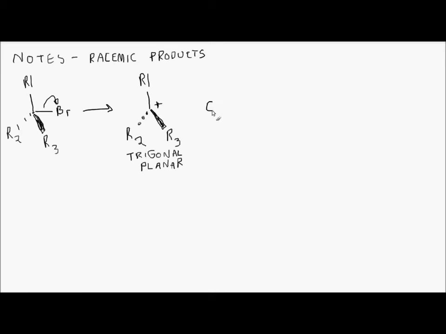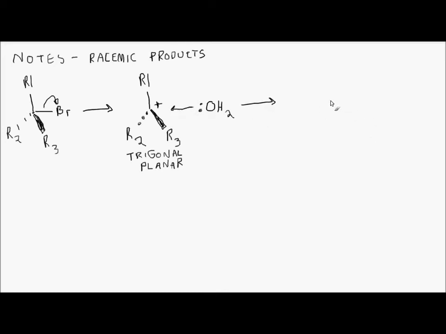And the way I've drawn this, I'm trying to draw R2 in the back and R3 coming toward us. I hope that's clear. Anyway, that trigonal planar carbocation, and here's water again, and water can attack from both sides. Let's just draw both of those attacks out.